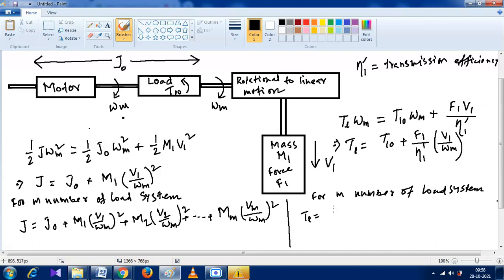TL is equal to TL0 plus F1 by eta 1 dash into V1 by omega m, plus F2 by eta 2 dash into V2 by omega m, plus and so on, plus Fn by eta n dash into Vn by omega m.